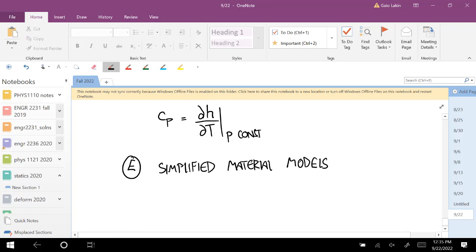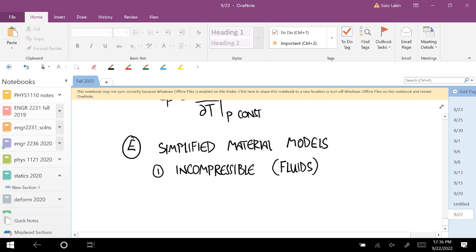The first one of those was incompressible. We'll always use that for liquids.